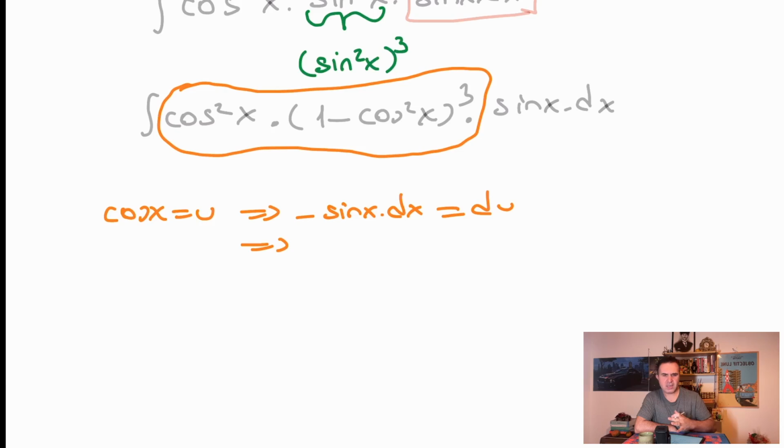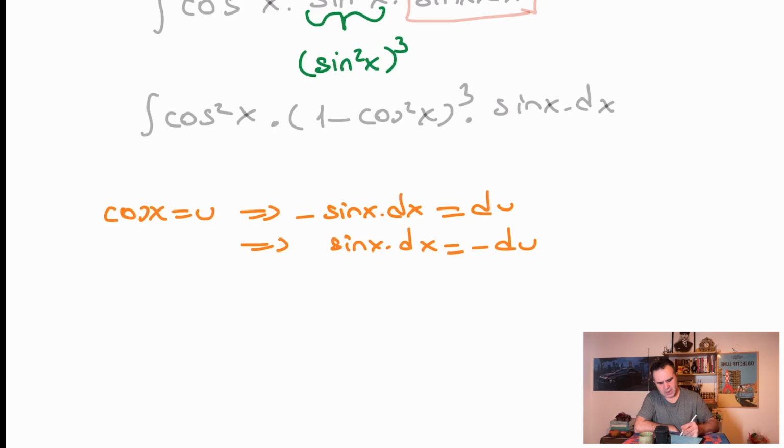Then sine x dx is equal to minus du. Now, in the integral, we will rewrite all cosine x's as u, and we rewrite sine x dx as minus du.